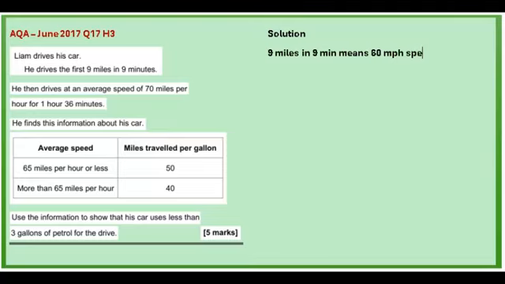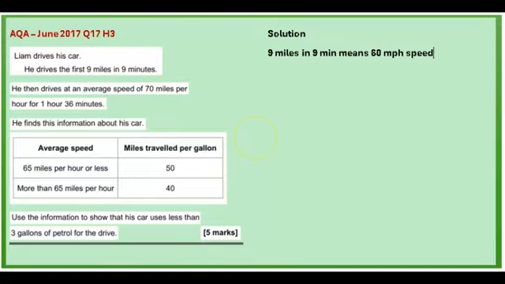Now, if you look in the table, when he drives 60 miles per hour, 65 or less, so in our case it's 60, the consumption is this: for each gallon he drives 50 miles, or 1/50 of a gallon for each mile.